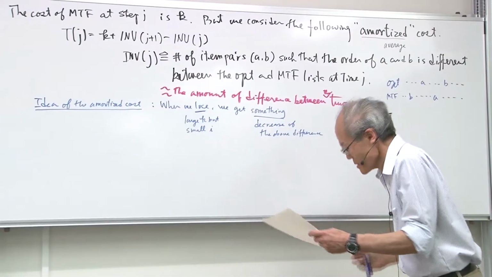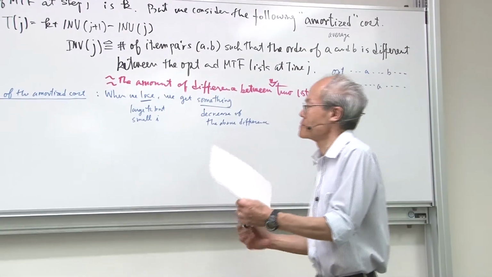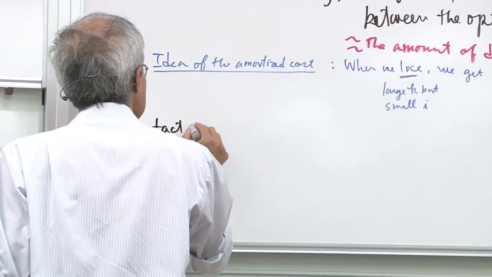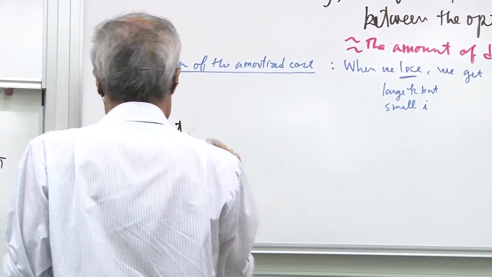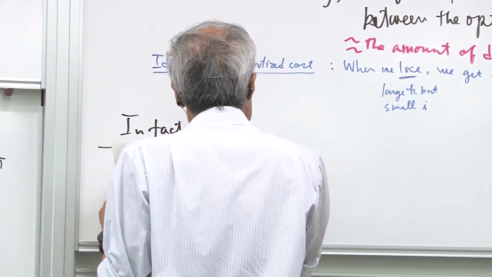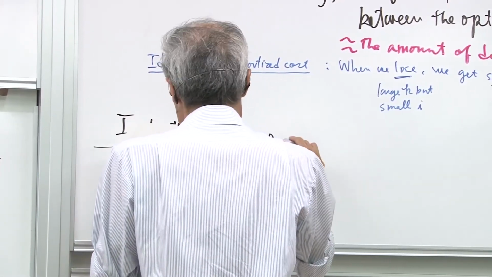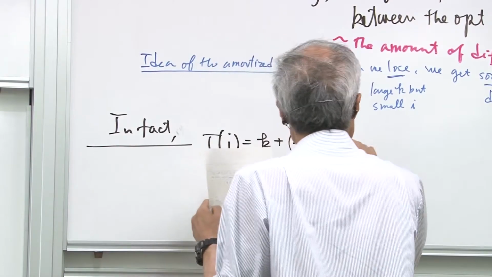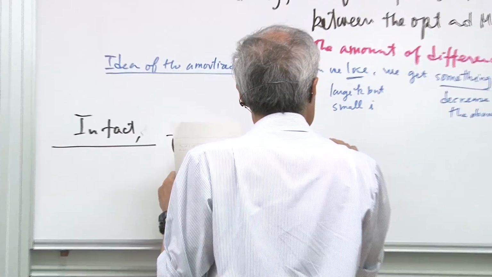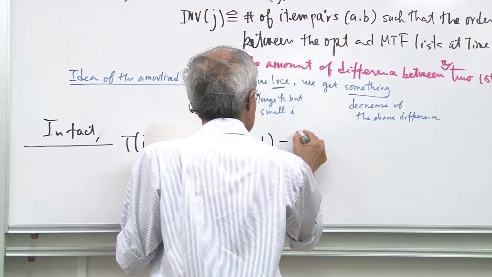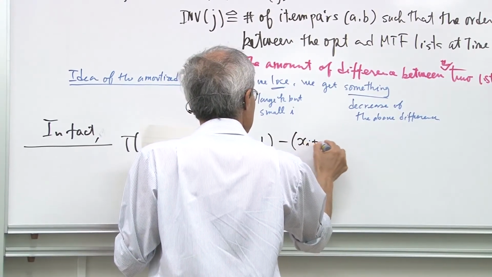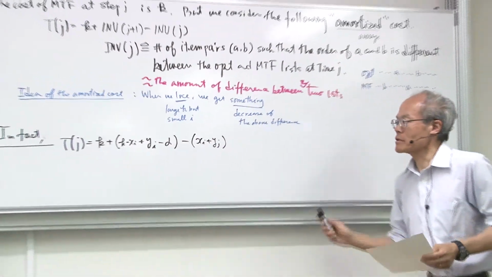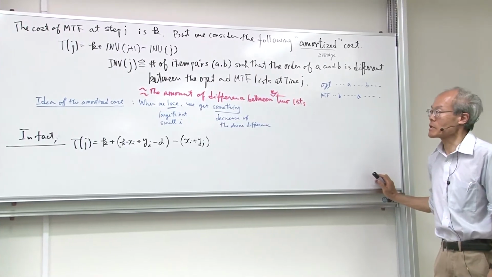Now, from now on, this is just a calculation. In fact, T of j can be written like this.